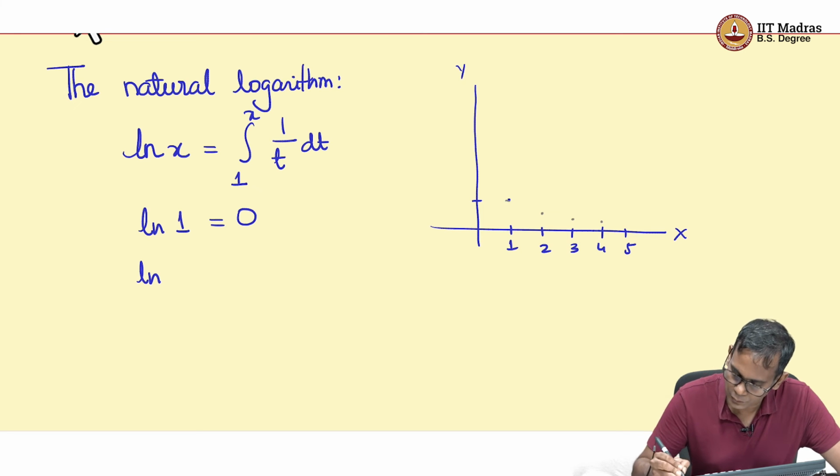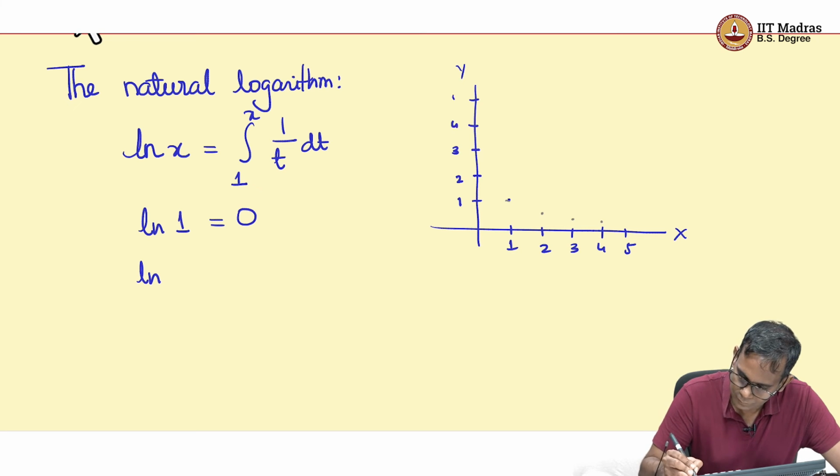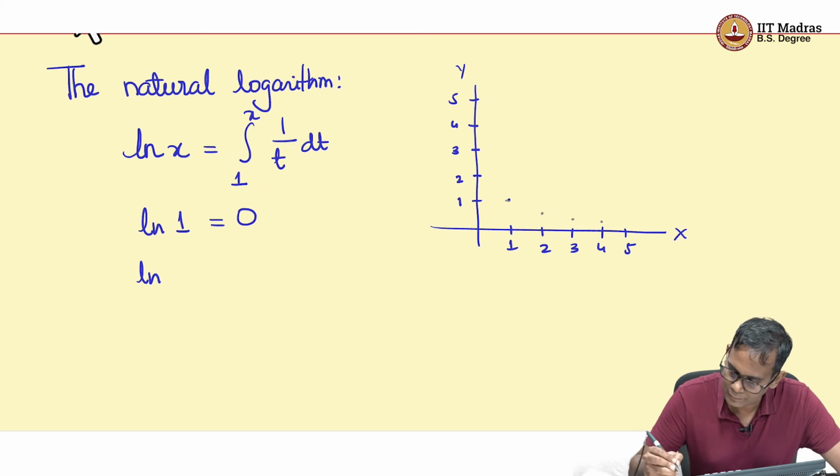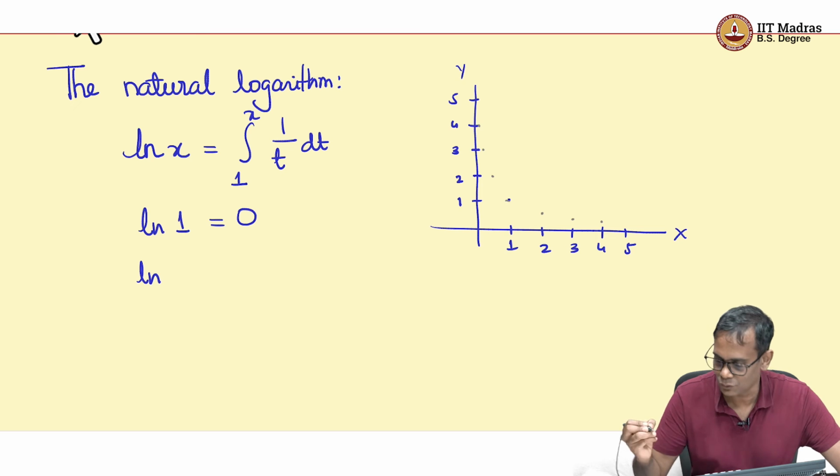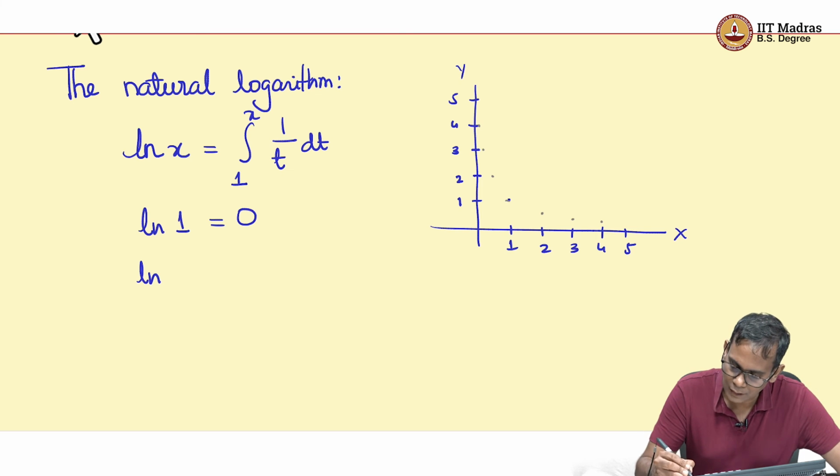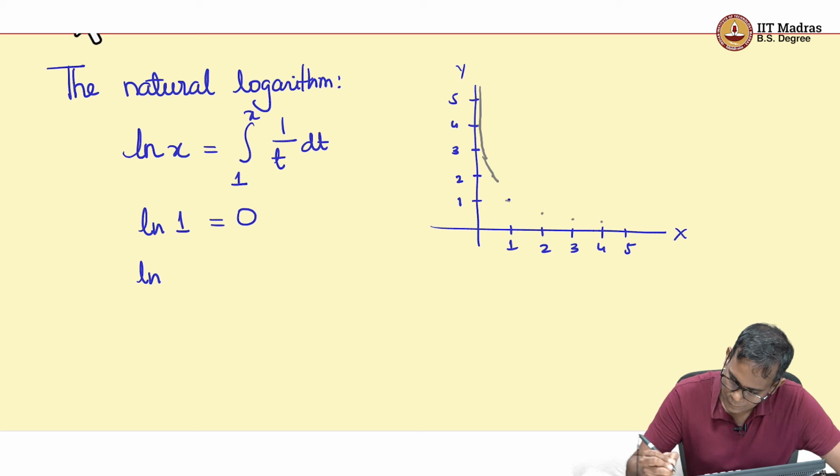Let us draw a few points on the y axis. Again, at half it is 2, at 1/3 it is 3, at 1/4 it is 4. If you try to draw the graph of this function, it is a hyperbola. So, what it looks like is something like this.